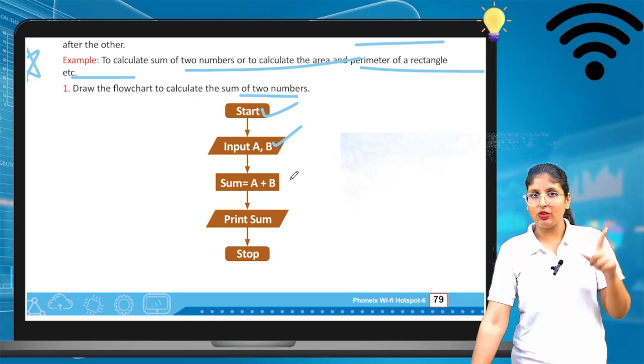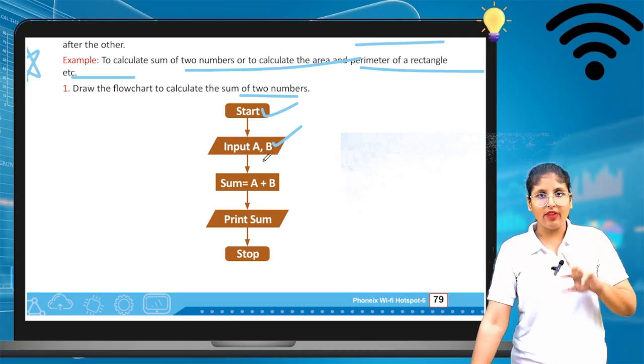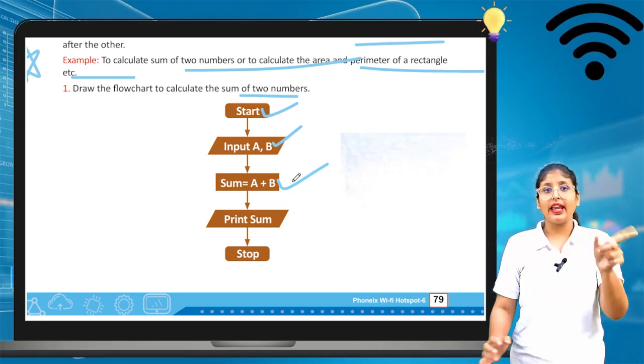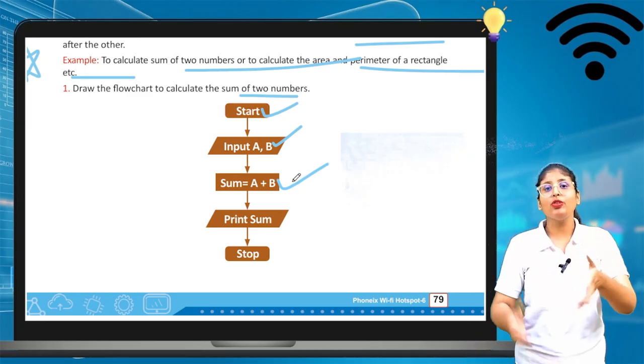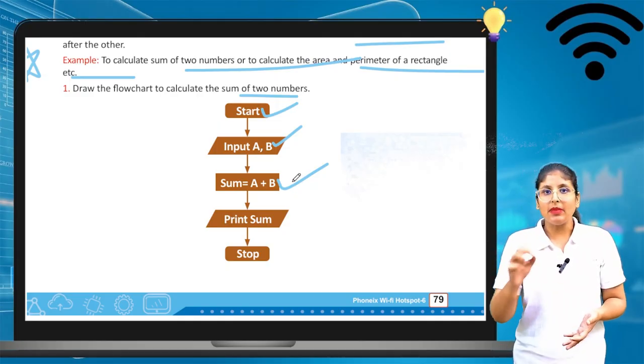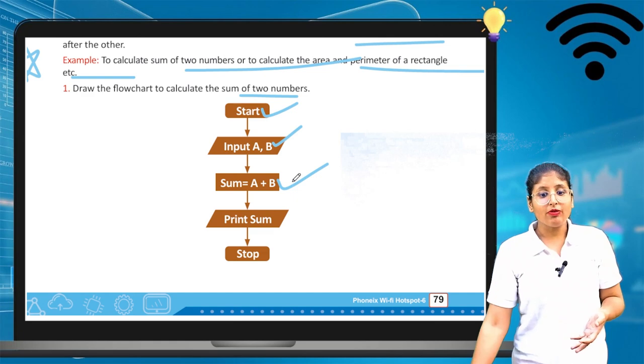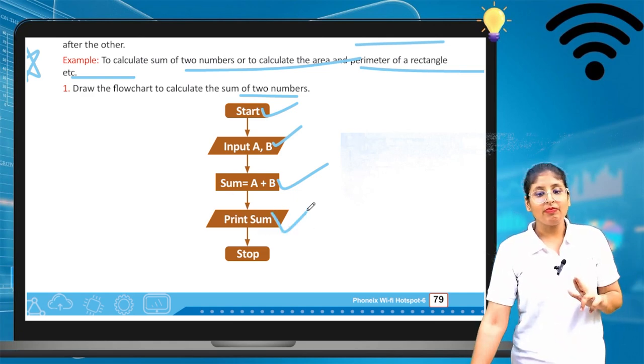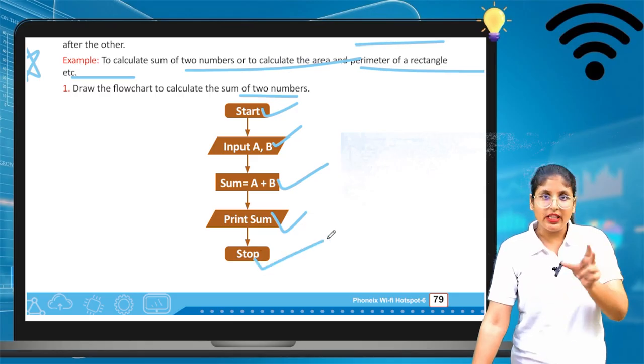So first start, then input A and B. Then you write sum equal to A plus B, because A and B are the inputs. Now you also have to print sum. Then only can we find the sum of these two numbers.